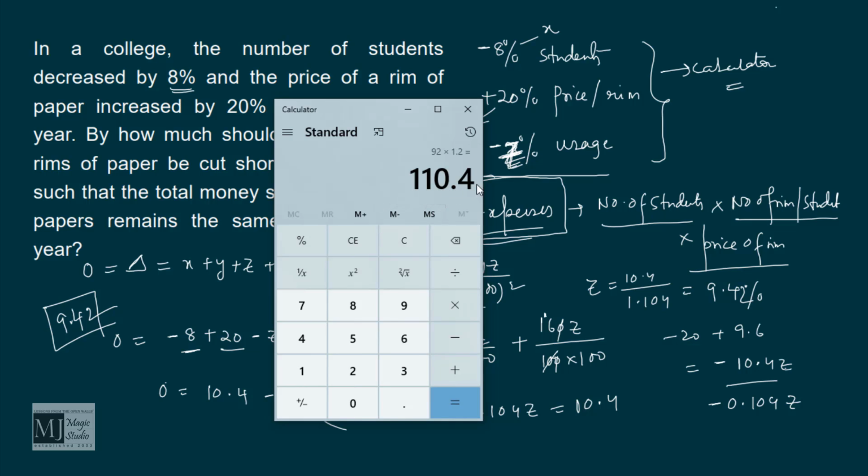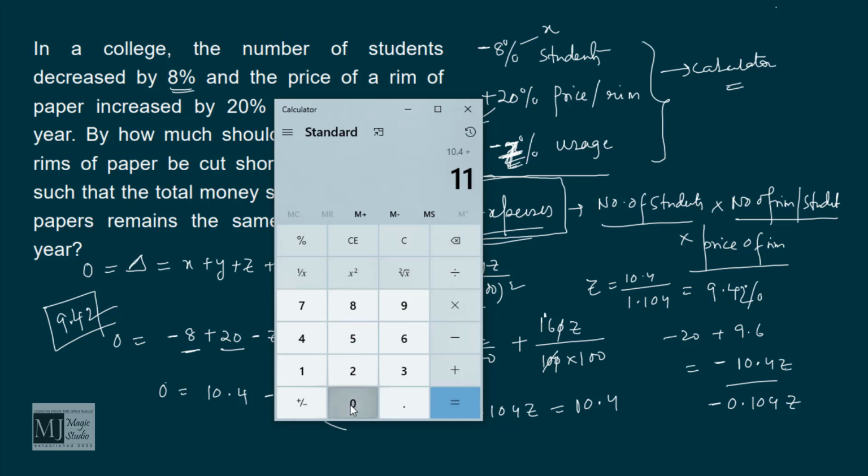Now from 110.4, I want to go back to 100, isn't it? I've started with expenses as 100. Now I want to go back to 100. So if I want to go back to 100, I need to subtract 100 from it, minus 100. That's 10.4. So how much is 10.4 as a percentage of our previous figure, which is being displayed here, 110.4?